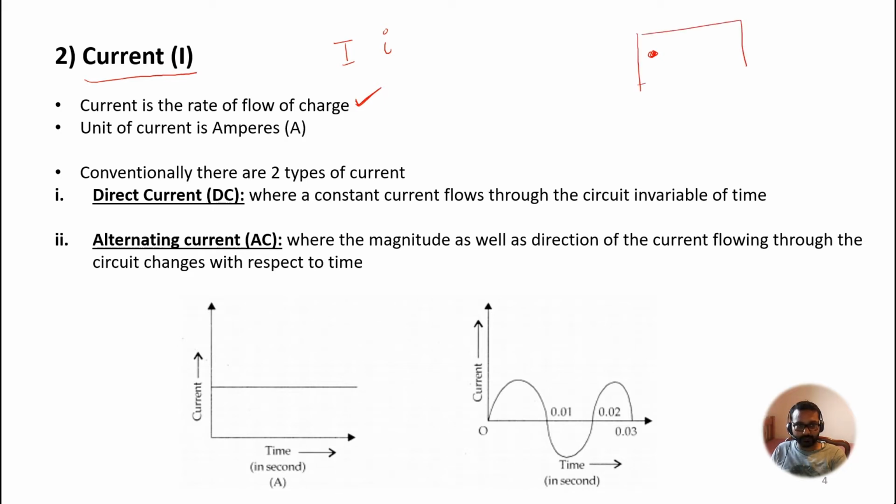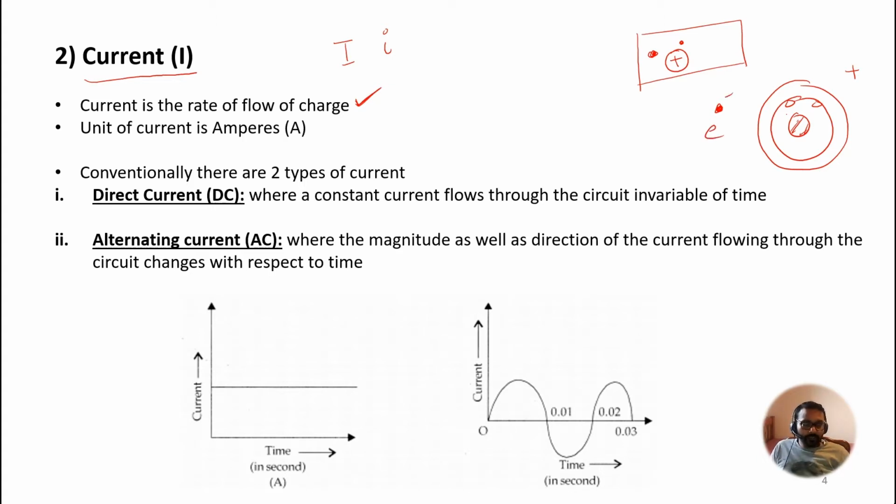So let's say this is your material in which you have knocked out some of the electrons, and you have the atom with the positive charge, right? So you would have the atom, and overall it will have the positive charge because you have pulled out one electron. So this is the condition over here.